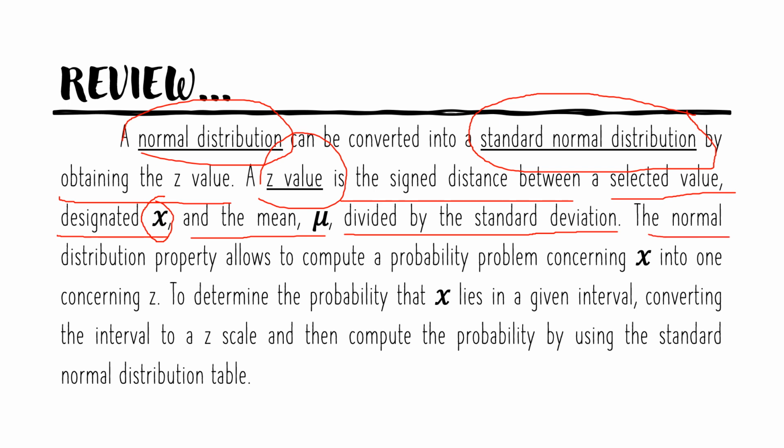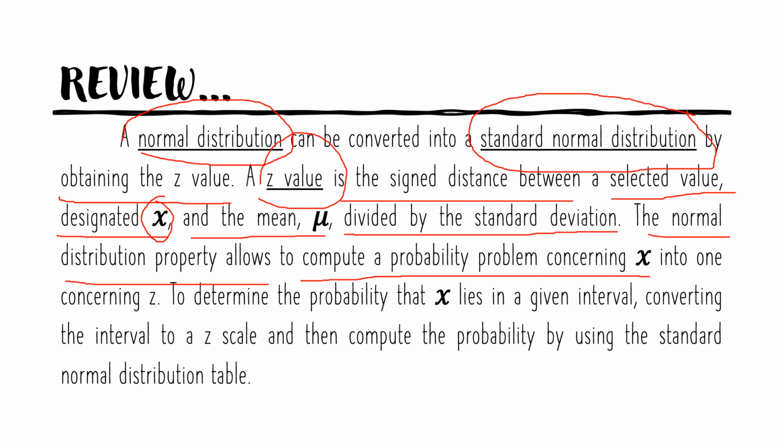Now, the normal distribution property allows us to compute a probability problem concerning x, or your raw score, because in every raw score there is a corresponding probability, by converting it into one concerning z.